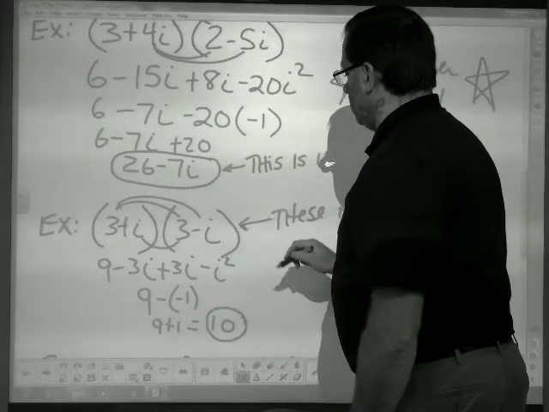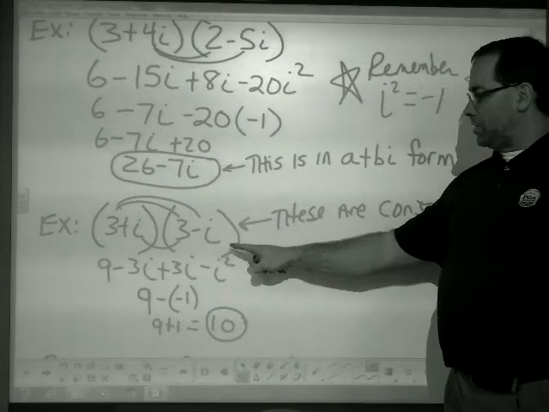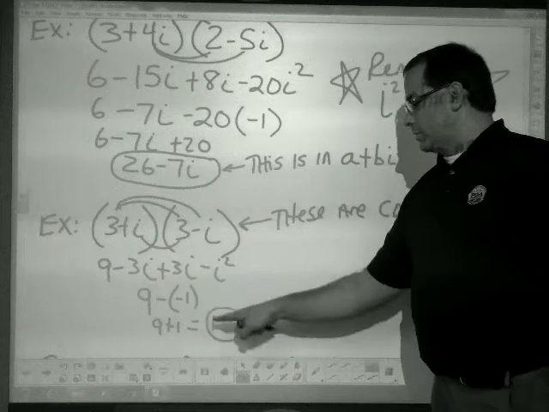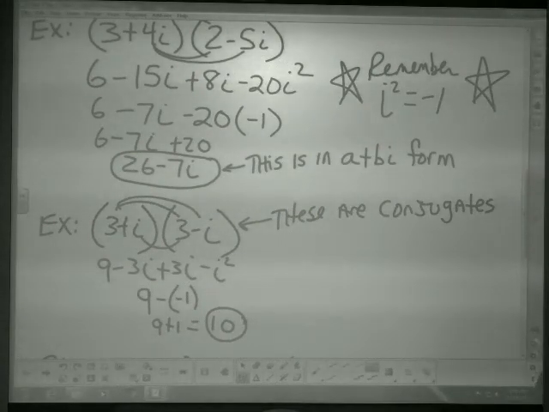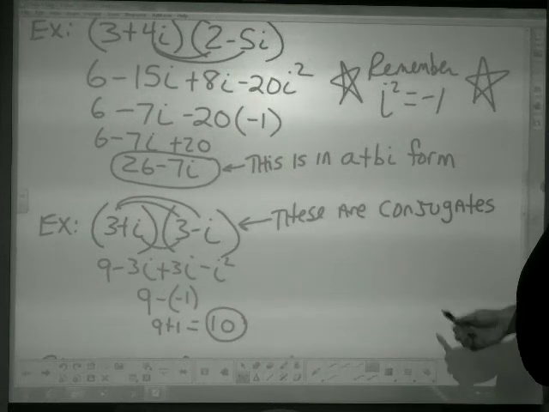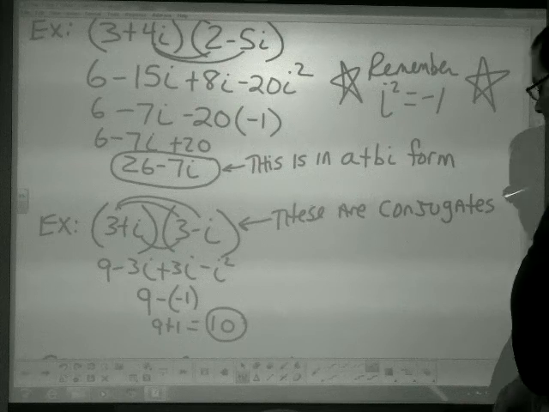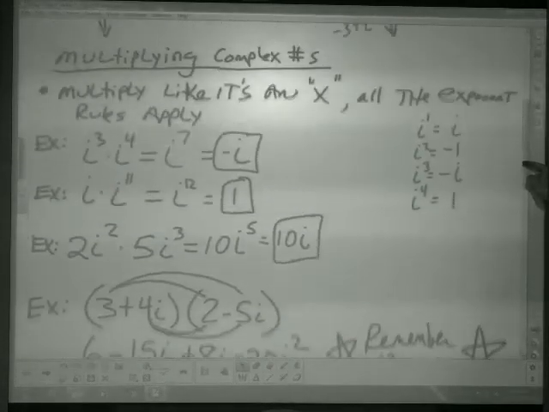Because they're conjugates, the middle term cancels out and we're left with just a real part. If they're conjugates, your answer will only have the real part. And that's fine. That will help us out when we divide next class. So that's multiplying and graphing.